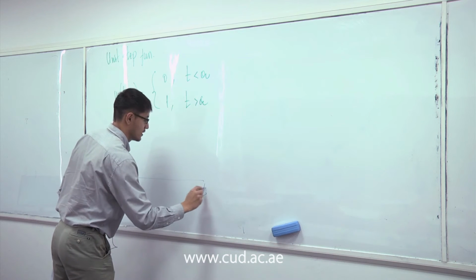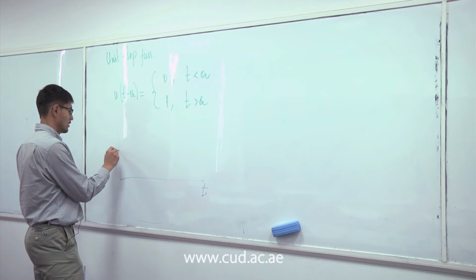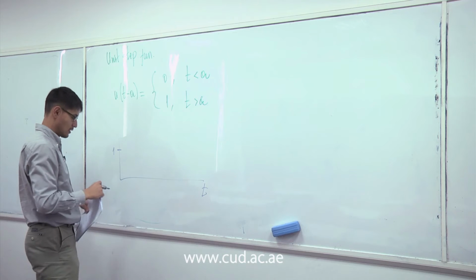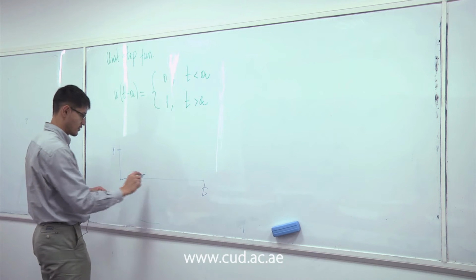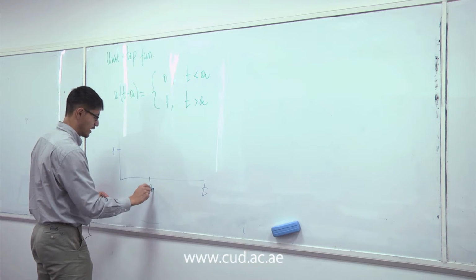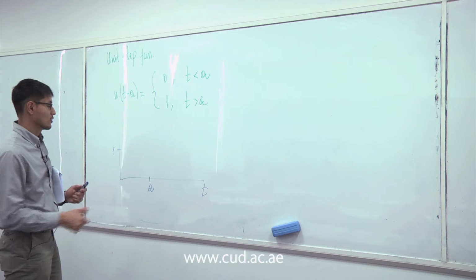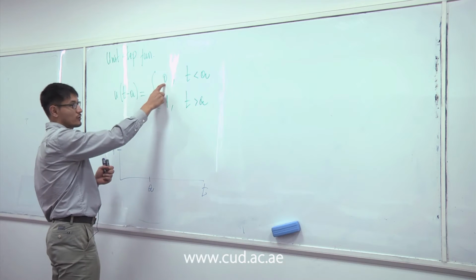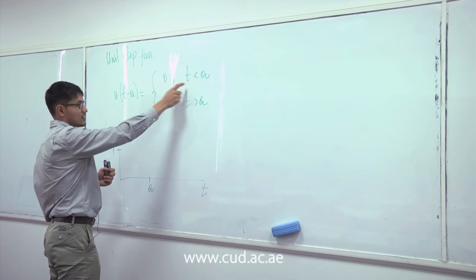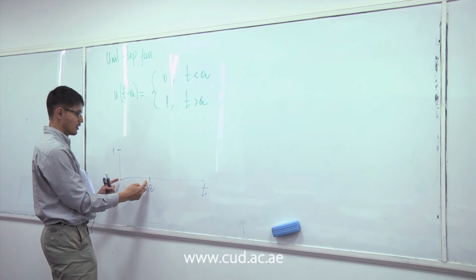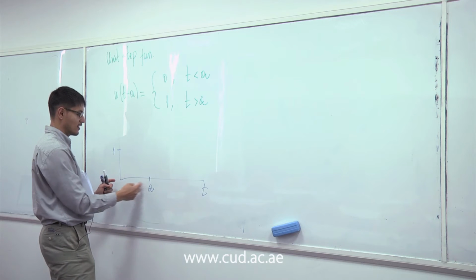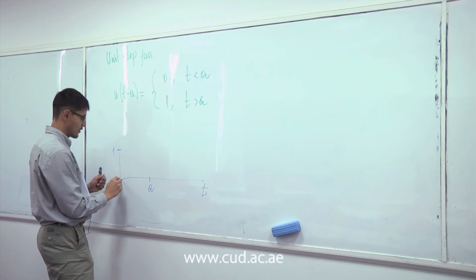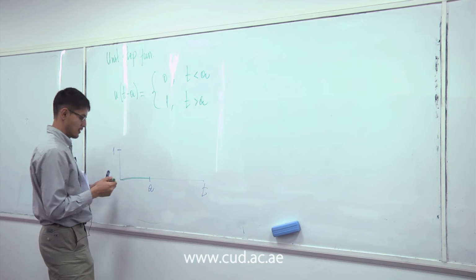So here we have t, and here we have 1, and suppose down here we have a. The function u is going to be equal to 0 for t less than a. So over here, for t less than a, the function equals 0, so the graph is just a 0 graph.